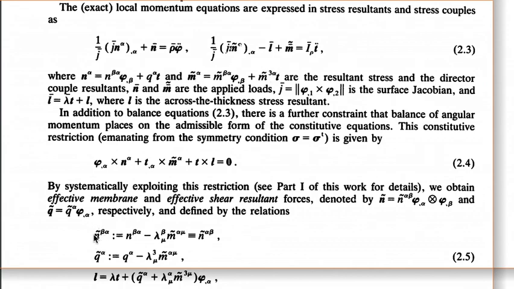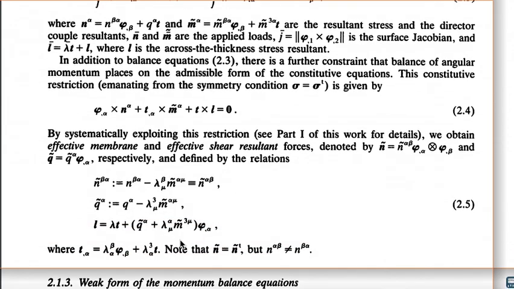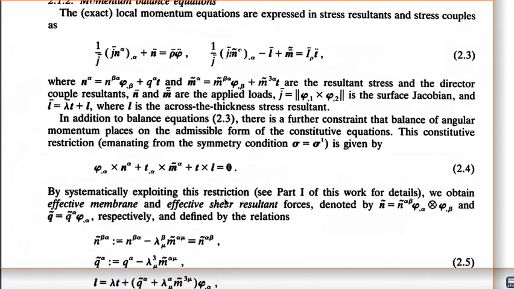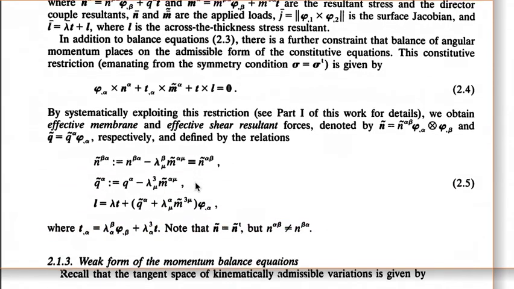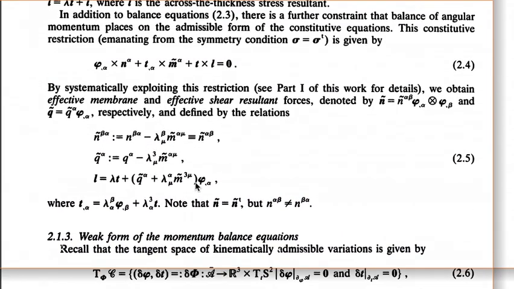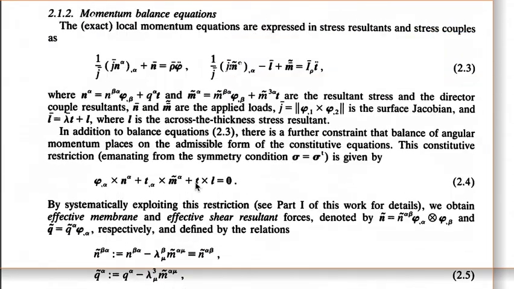These equations we can write in component form also, but if we consider the effective membrane or effective shear resultant forces, these are the ones which appear in the final equations, which satisfy both the linear momentum conservation and the angular momentum conservation.